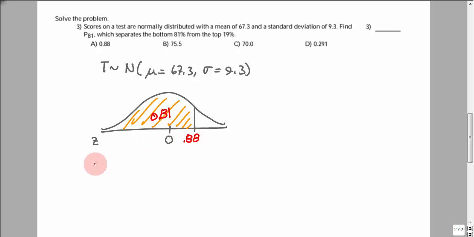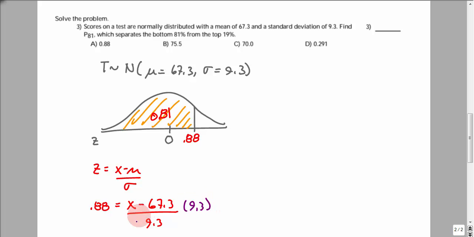So what we do then is work this backwards and say, okay, Z equals X minus mu over sigma. Well, we know Z is 0.88. We don't know X, but we do know mu is 67.3 and sigma is 9.3. And then to solve for X, we multiply both sides through by 9.3, because remember, whatever you do to one side, you do to the other.